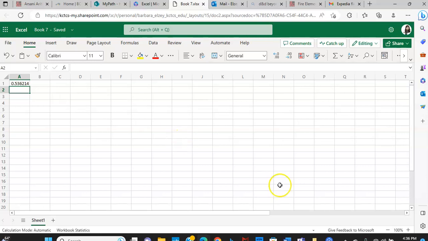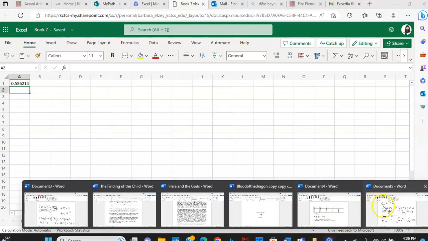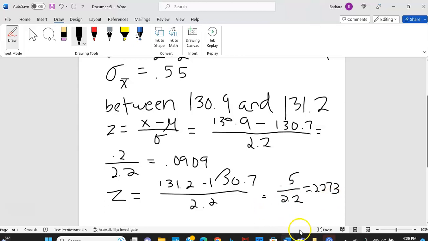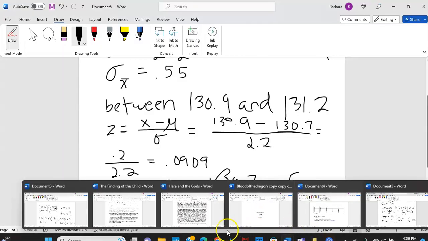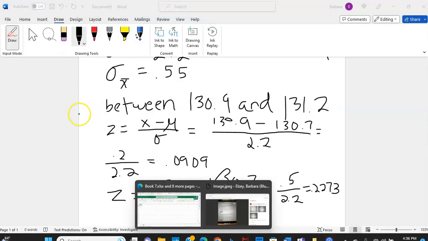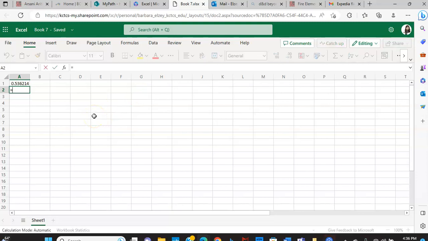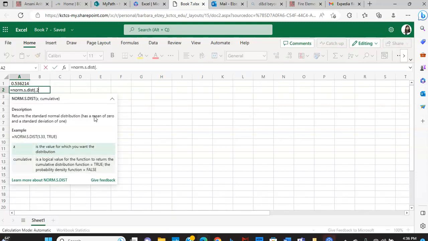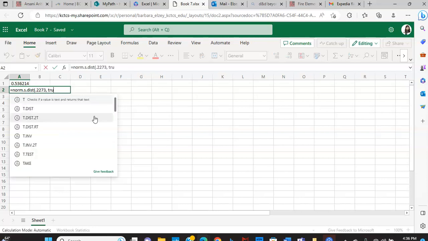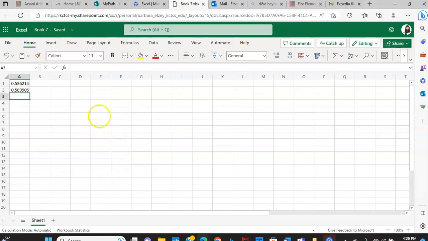Now let's do the same thing for the second one. The second z-score I got was 0.2273, so let's go ahead and stick that one in. Okay, so equal norm.s.dist, 0.2273, true. And that probability is 0.589905.